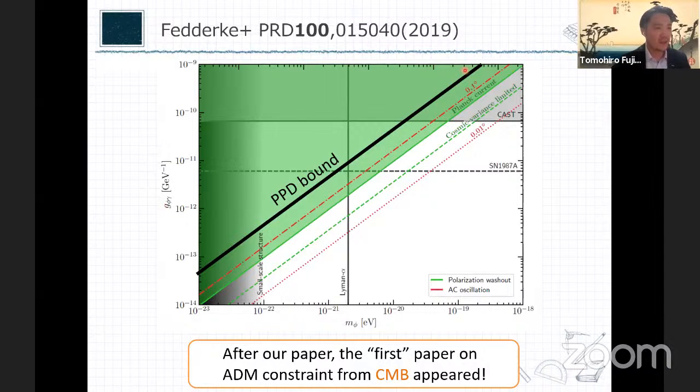This black line I added is our bound, the protoplanetary disk bound. This green shaded region is their improved bound from Planck data. As far as I know, it's the best bound so far. They use a very different technique, but this is the current best bound, I think I should mention.